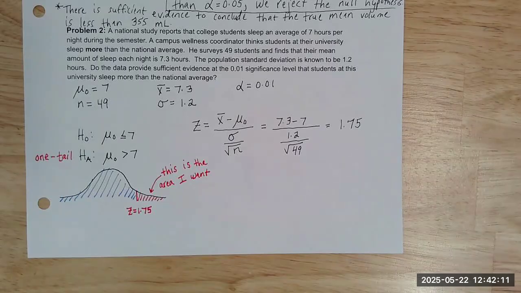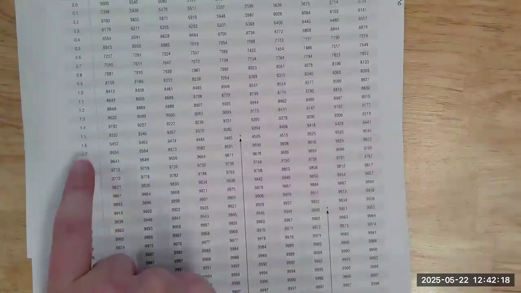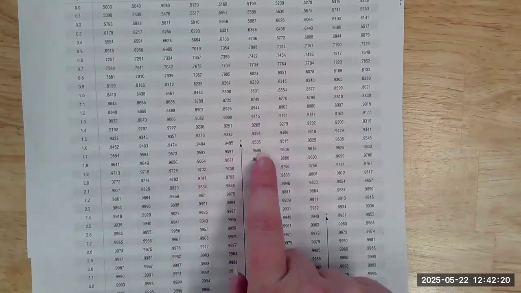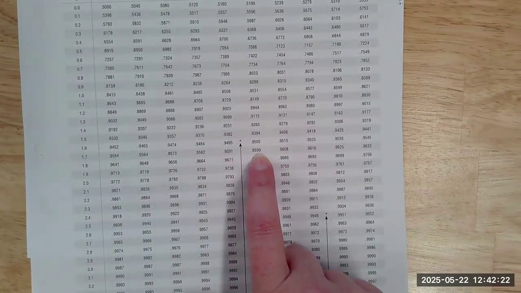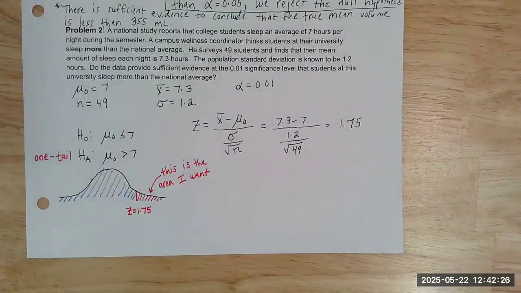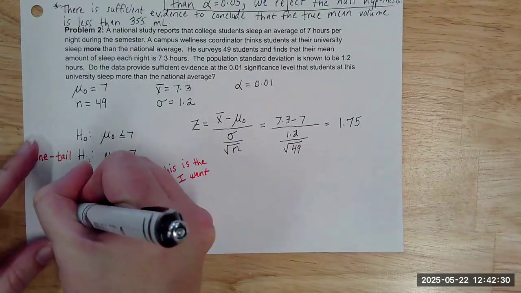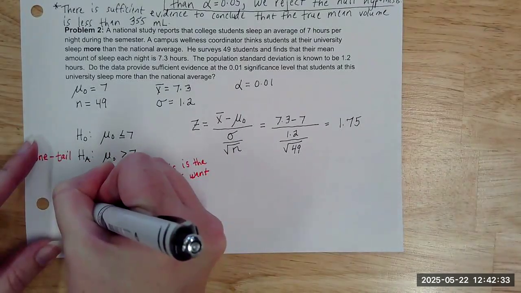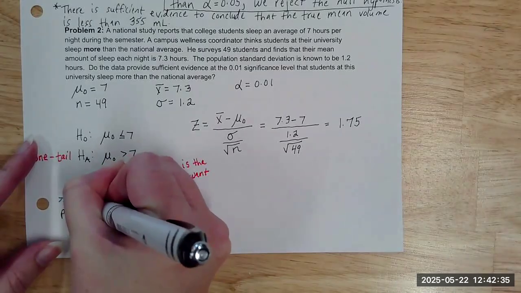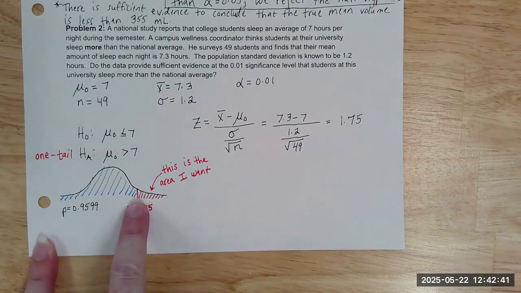So I'm going to go get our number, 1.75. So we're on the positive Z table. The 1.75 is going to be 0.9599. So the p-value that I got is this blue part.